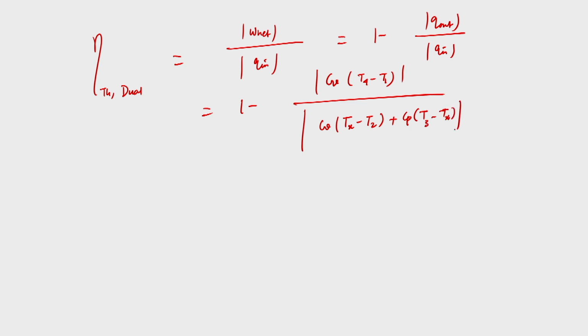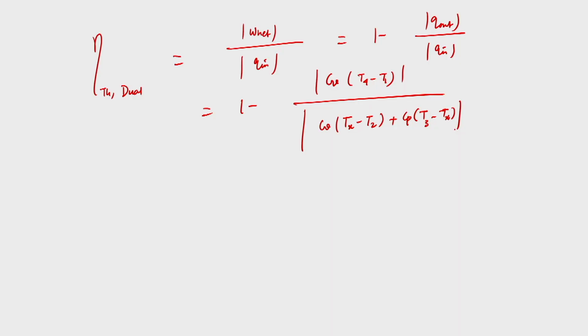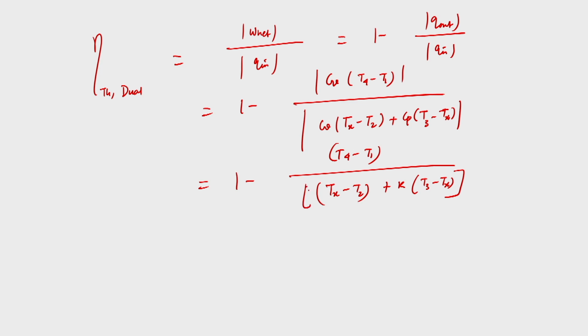So, this is the heat input to the system, while the heat output from the system is Cv into T4 minus T1. If I do a few more steps, I can write T4 minus T1 divided by Tx minus T2 plus Cp by Cv, which is equal to k, into T3 minus Tx. So, this is the final expression.